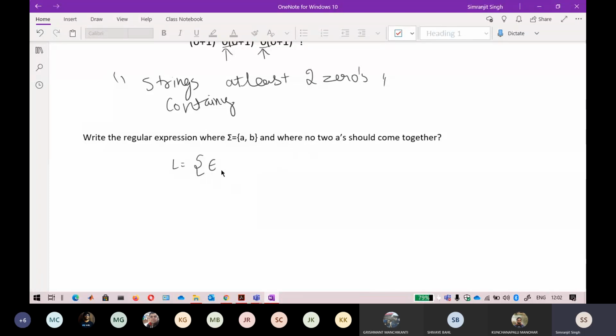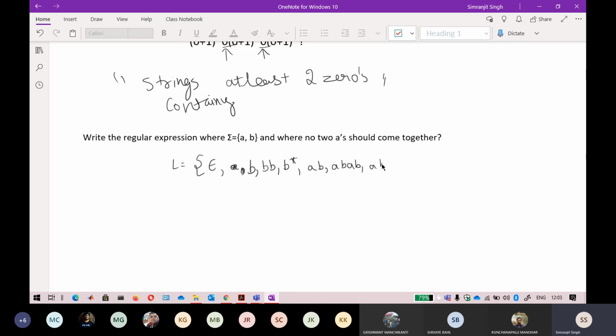So epsilon can come in this language because in epsilon there are no two A's coming together. Second, a single A can come. A single B can come. Double B can also come. Any number of B's can also come. That type of string is also possible, like AB.